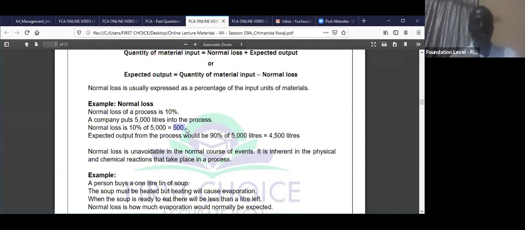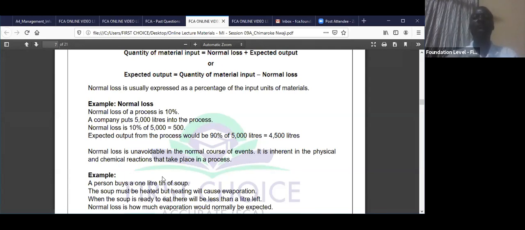What will be the expected output? Expected output is going to be 90% of 5,000, which is 4,500. If we are to use the formula, you can simply say 5,000 minus 500, and you get 4,500. Now, normal losses are unavoidable in the course of the event.